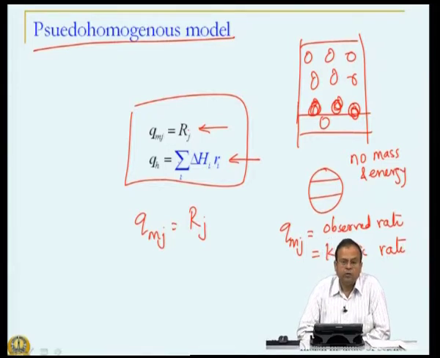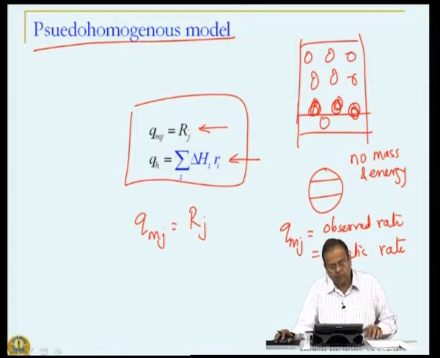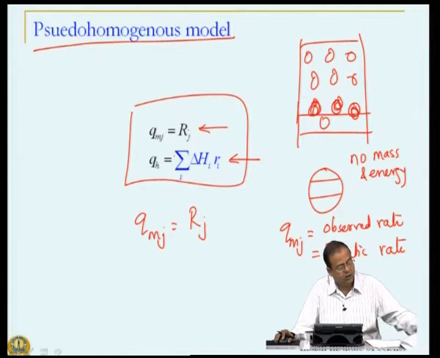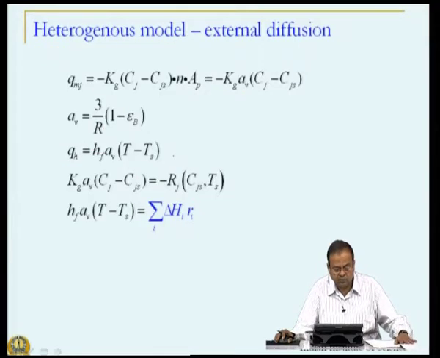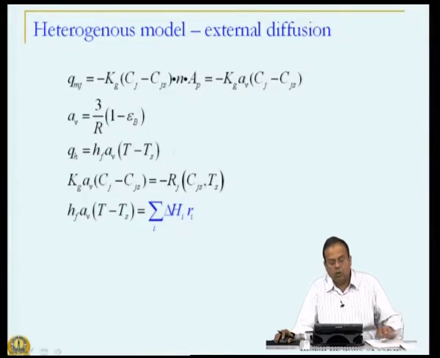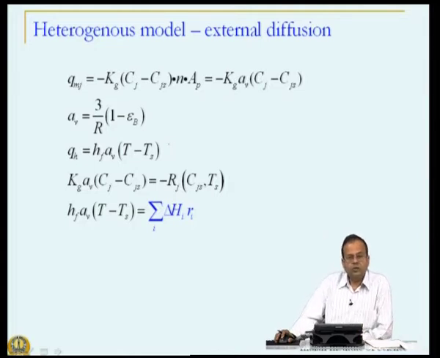So, these kinds of multiphase models are often referred to as pseudo homogeneous models. But what if mass and energy transport limitations are really present in our system? Okay. So, let us consider that scenario.